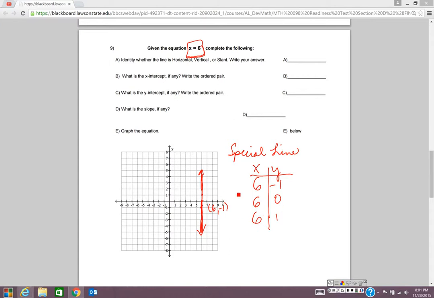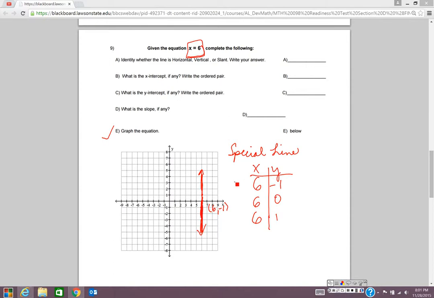So here we have points. We already graphed our equation. What is the slope? Now what you could do, if you don't remember what the slope is, slope is the steepness of a line. So for special lines, that could be a little different, because for a special line your slope is either undefined or 0.